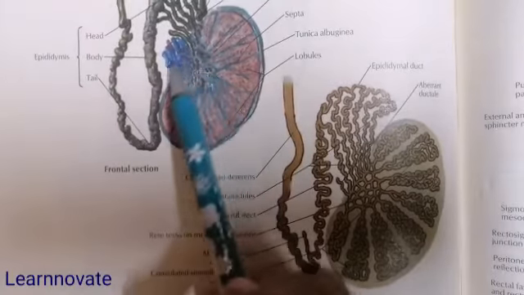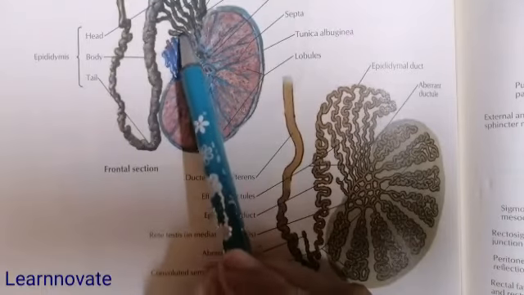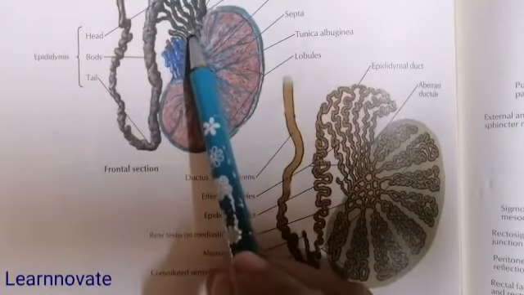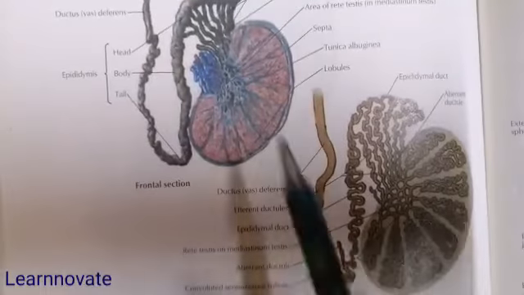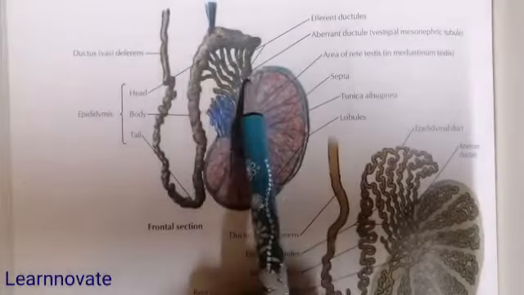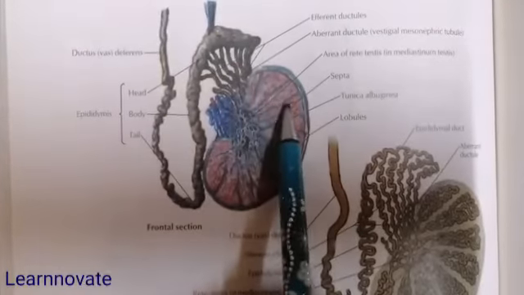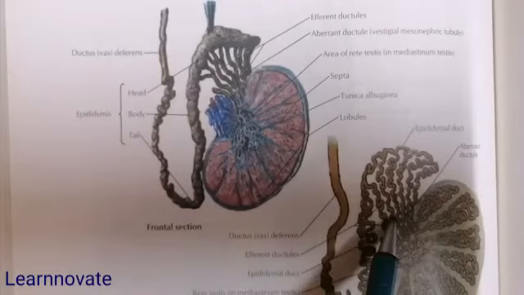The rete testis in the mediastinum testis converges posteriorly as the efferent tubules. These efferent tubules converge on one side and continue as the ductus epididymis. The sperm produced in the seminiferous tubules pass into the straight tubules and then into the rete testis of the mediastinum testis.